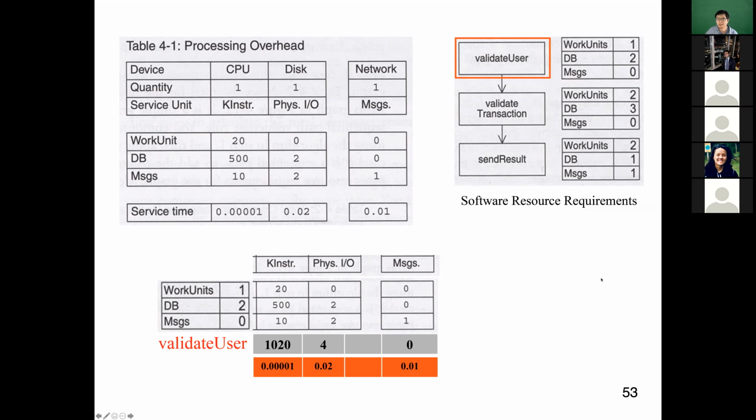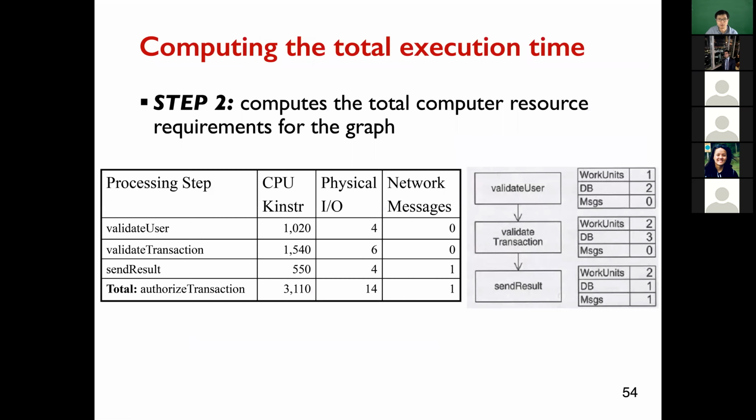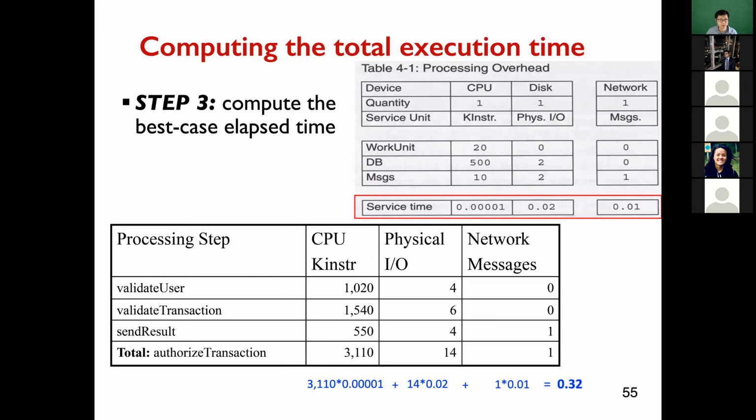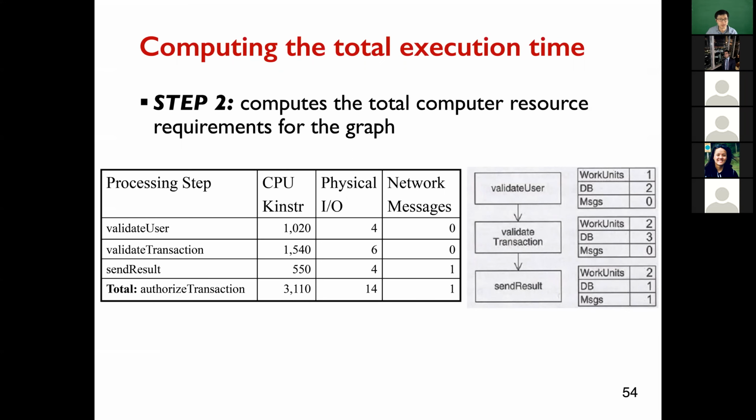So after we get this for one step, for each step, then we compute the total computer resource requirements for the whole graph. For example, after we get the results for all 3 steps, validate user, validate transaction, and send result, we get the total hardware resource requirements for the graph.